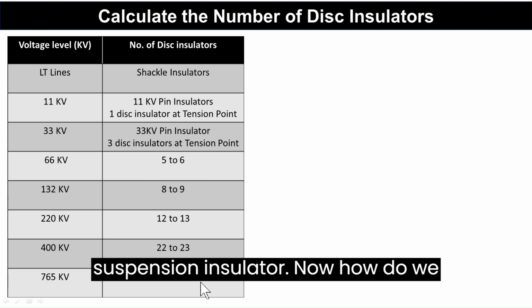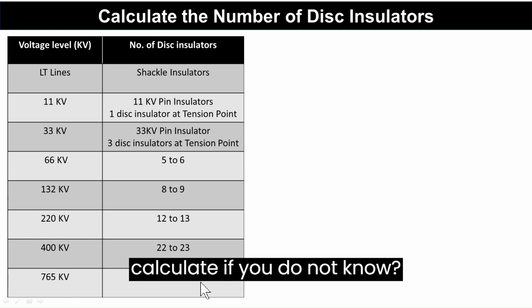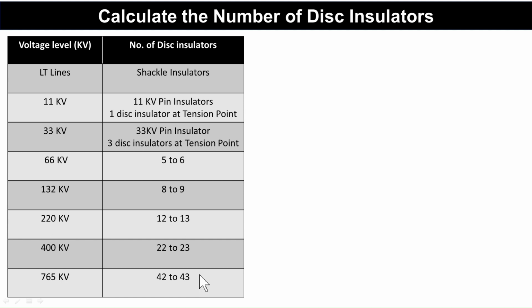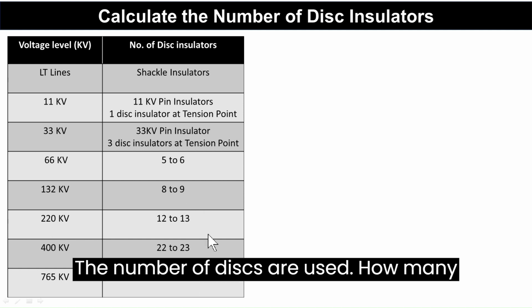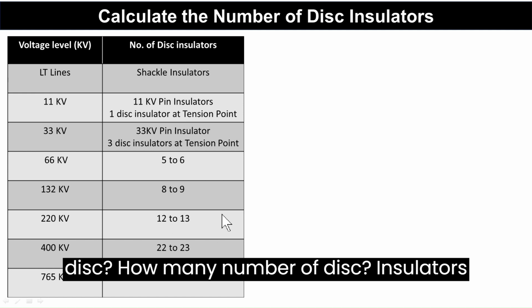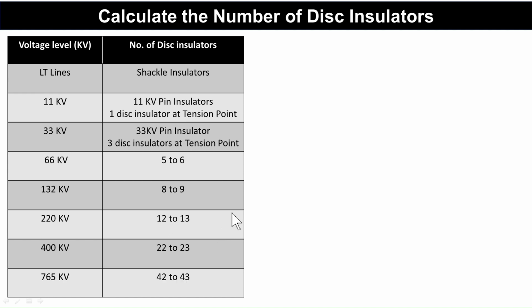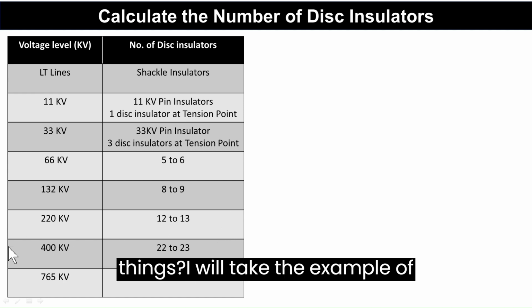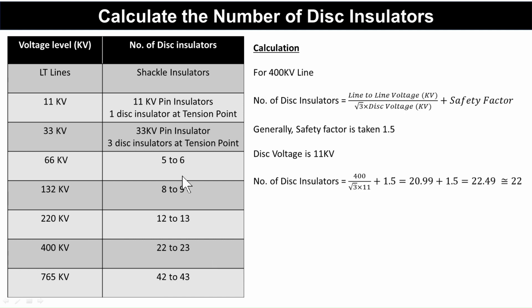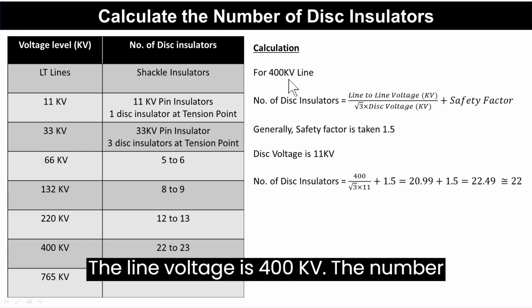Now, how do we calculate this? If you do not know how many disc insulators are used, how do you calculate these things? I will take the example of a 400 kV line. For a 400 kV line, the line voltage is 400 kV.